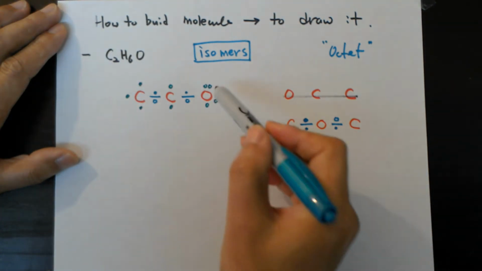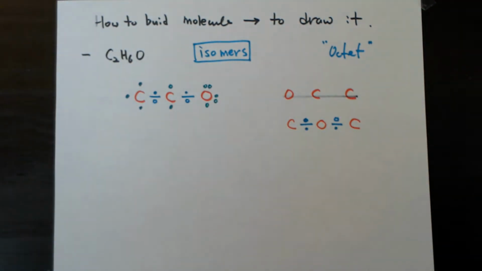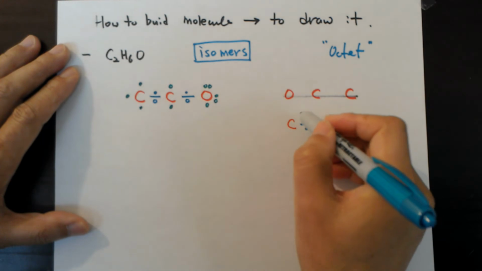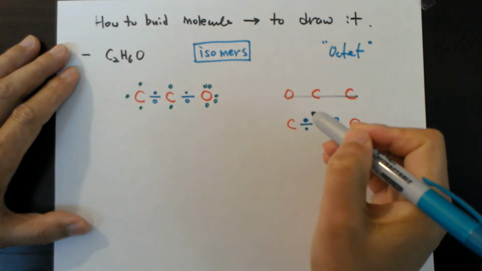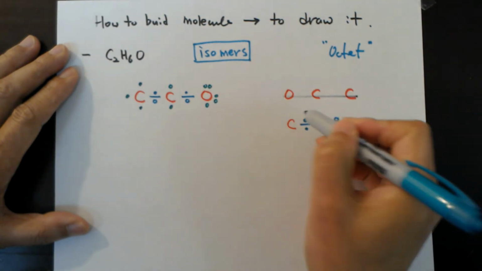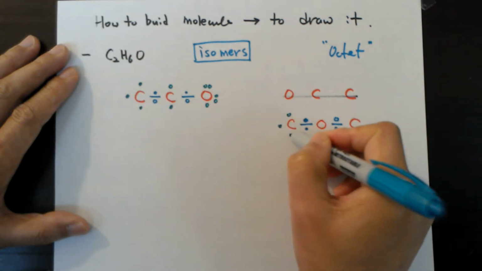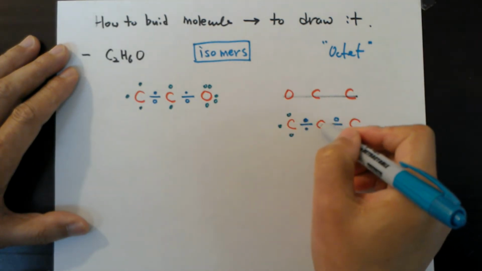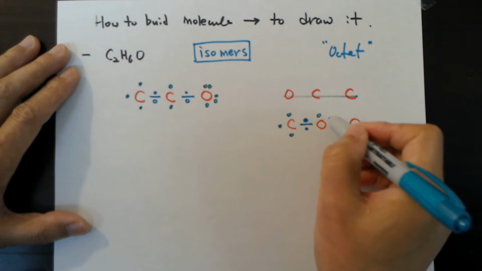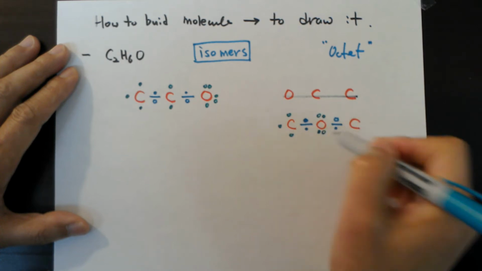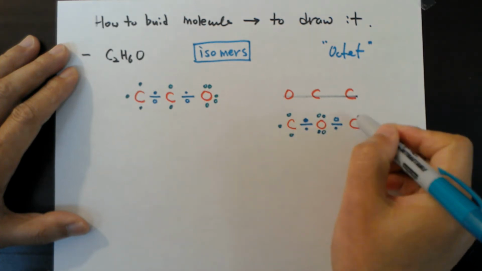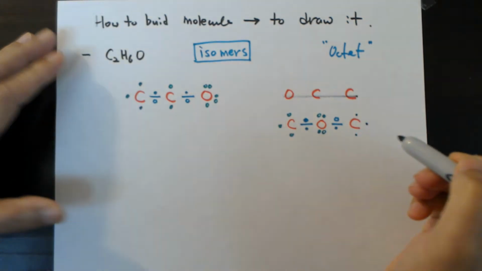You already see 2 lone pairs. And the same over here, 1, 2 for oxygen, so 3, 4, 5, 6, and for that 1, 2, 3, 4.